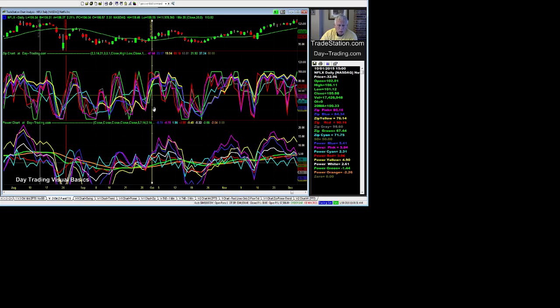These are usually a little stronger, or at least can be sometimes, because other things are happening around it. The yellow line, I moved over one notch because this is the first day you're going to see the Zip Cyan as the lowest.